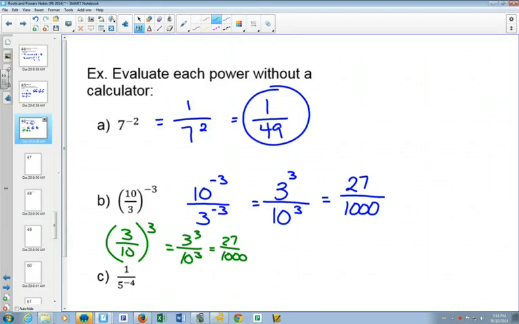1 over 5 to the negative 4 becomes 5 to the positive 4.